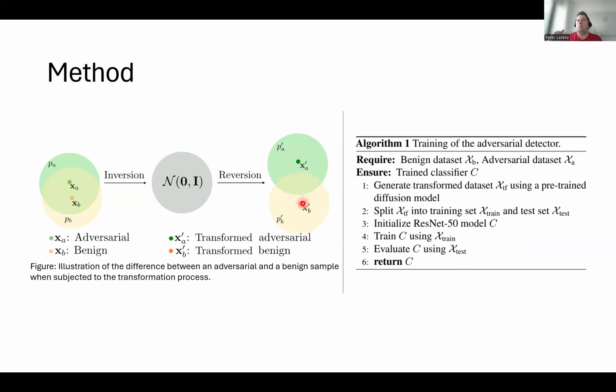And we want to know if there's really a pattern we can learn, so that we can answer the question: is there evidence that adversarial examples do not belong to the learned manifold of the diffusion model? On the right-hand side, we show an overview of the training algorithm. We use an off-the-shelf ResNet 50 model to train on this transformed data.